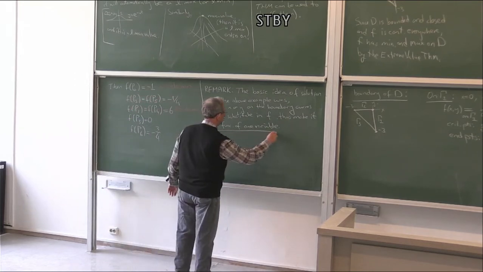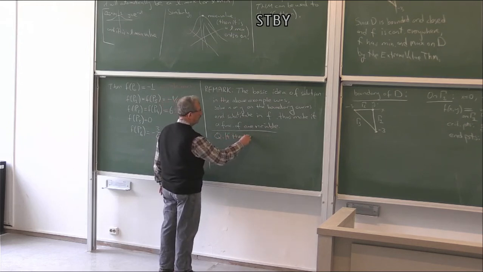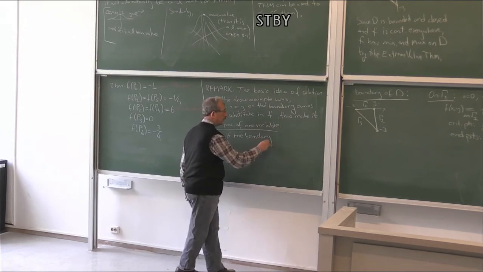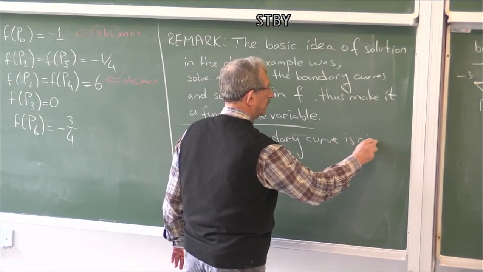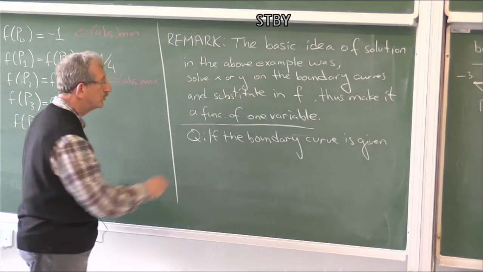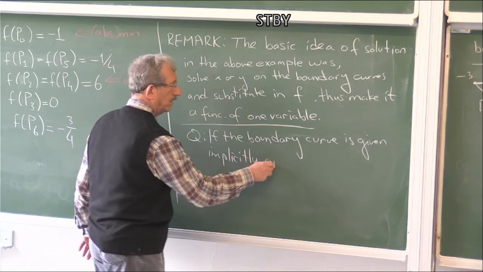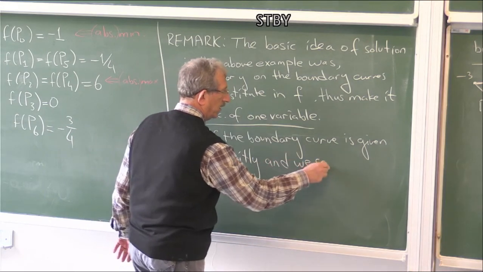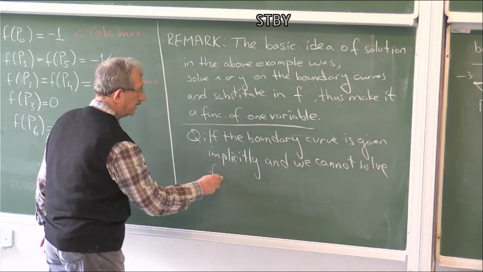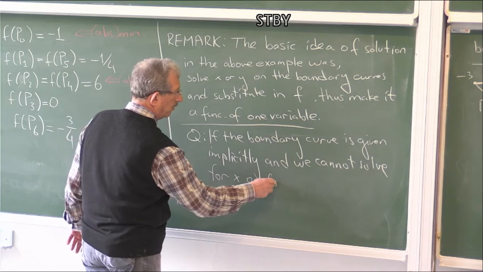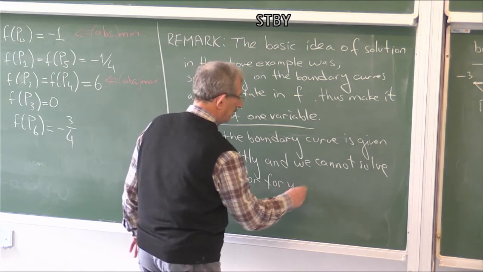Now, the question is, if the boundary curve is given implicitly and we cannot solve it for x or for y, what then?